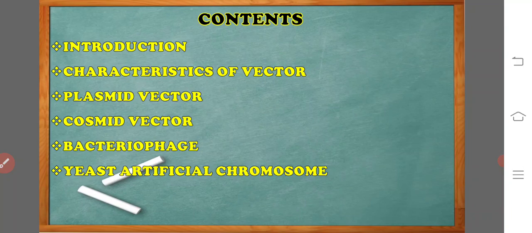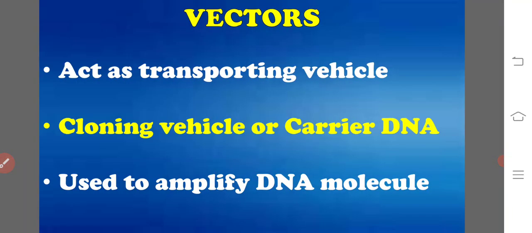Generally, these vectors are the DNA molecules that can carry a foreign DNA fragment. A vector must possess certain qualifications to be an efficient agent for transfer, maintenance, and amplification of passenger DNA.